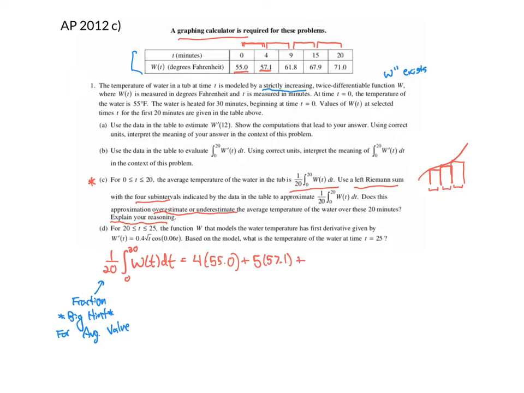And then the width of our next rectangle is 6 from 9 to 15 with a height of 61.8 plus. And then our last rectangle is a width of 5 with a height of 67.9.